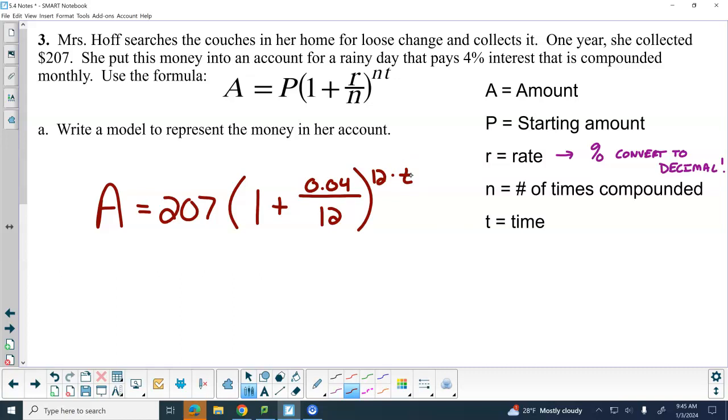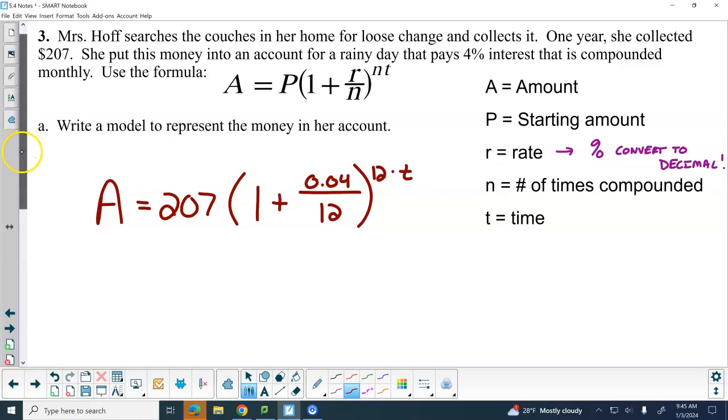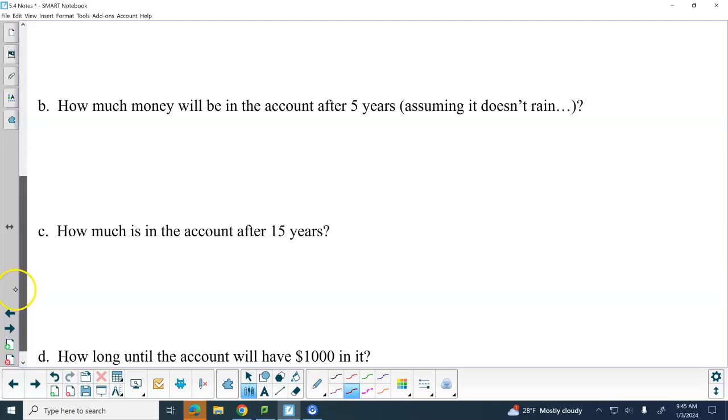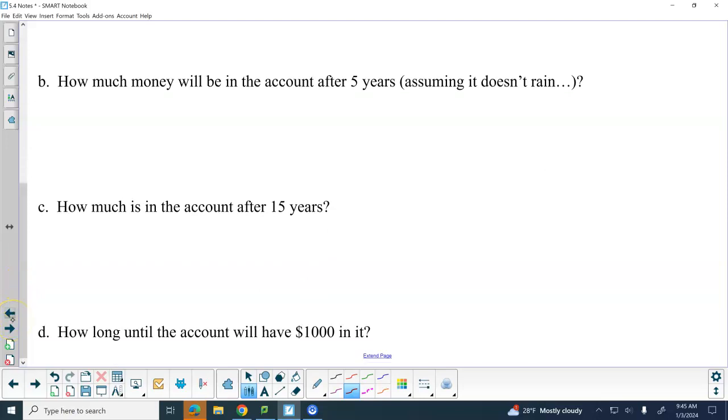We don't know T. Okay? Does everybody have that formula written down? Okay? So with that being said then, here are 3 questions that I want you to answer based off of that formula.